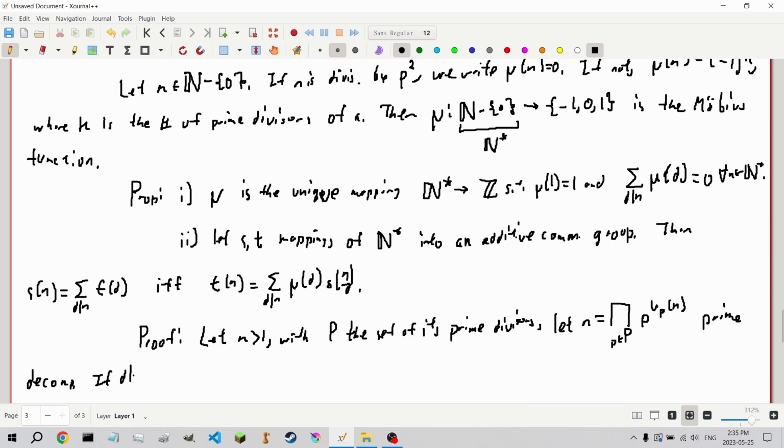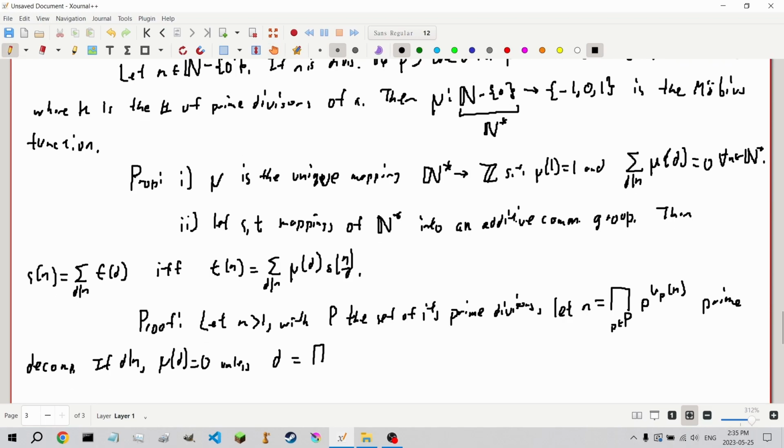If d divides n, then Mobius of d is 0 unless d is of the form the product of p for p in H, for H being a subset of the prime divisors.